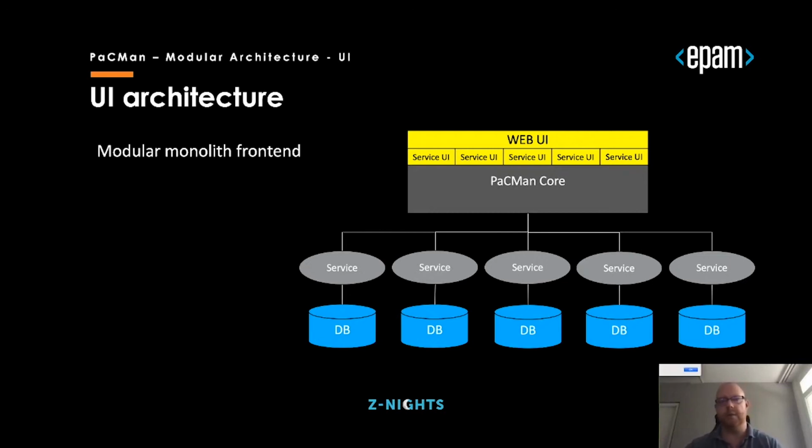That's going to be our bottleneck on the road of the separation, because every time you change a service UI, you have to redeploy the PACMAN Core itself. It's not sustainable, and we are counting on a lot of services.